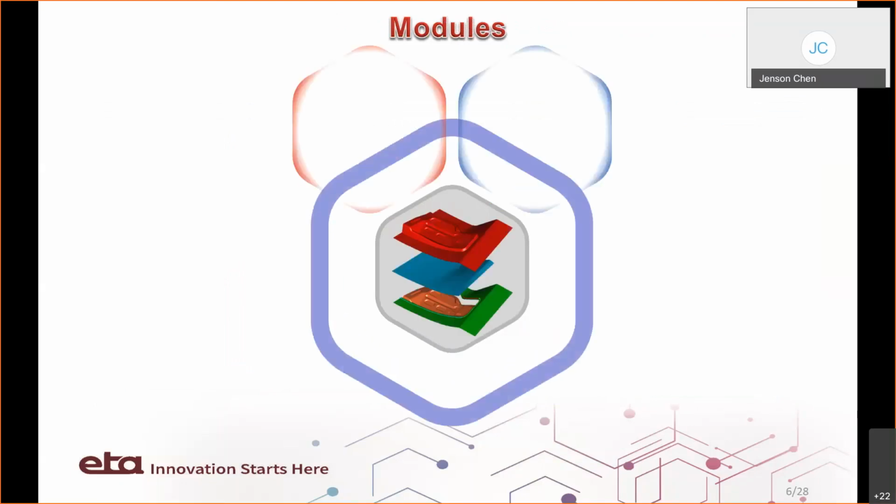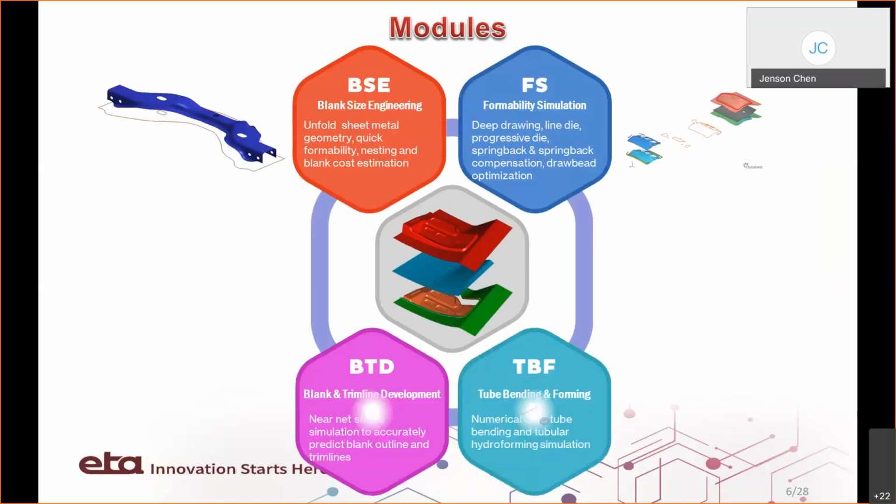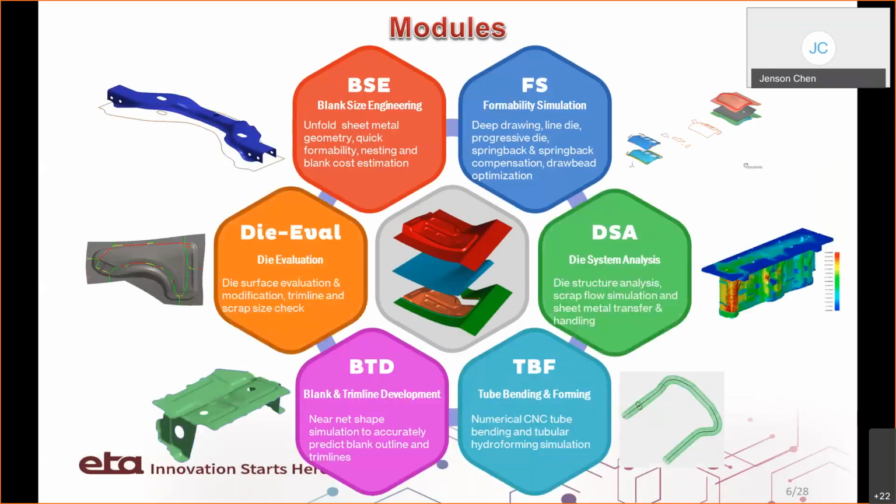Currently, Dynaform supports 6 distinctive modules. Of course, our most popular modules are blank size engineering, where you can use it to unfold the 3D sheet metal parts and estimate the material costs. And also formability simulation modules.